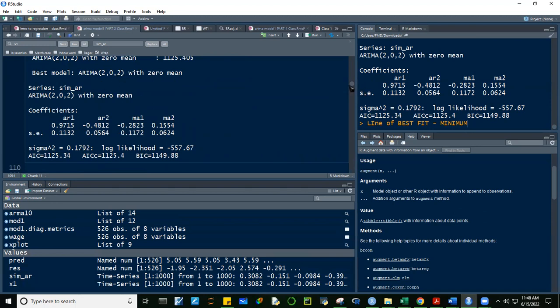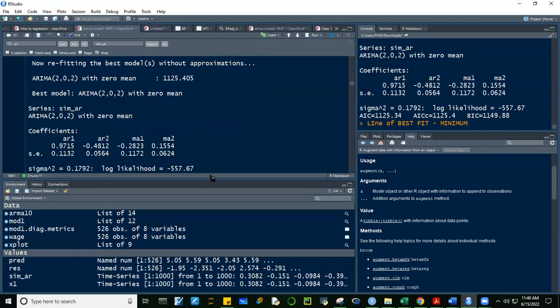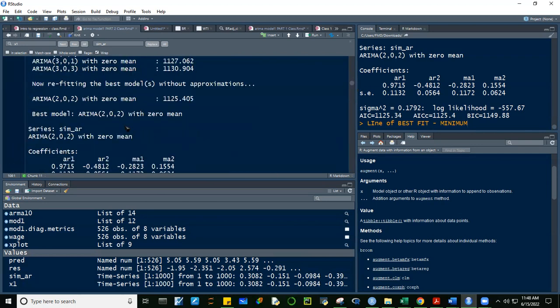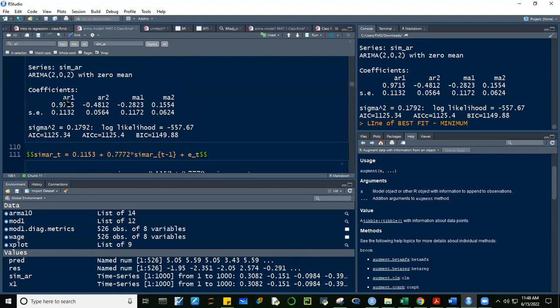Because SIMR, we generated that using 2 lags of P and 2 lags of Q. Oh, it guessed it, no? That's what it said is the best model, ARIMA202 with 0 mean. Okay? So this is the suggested model.